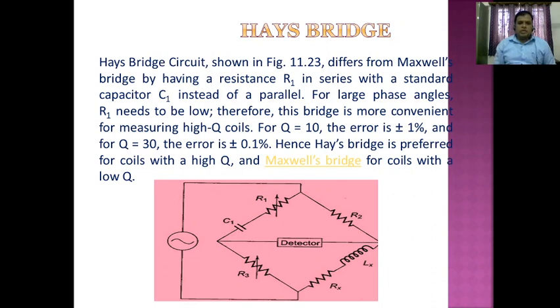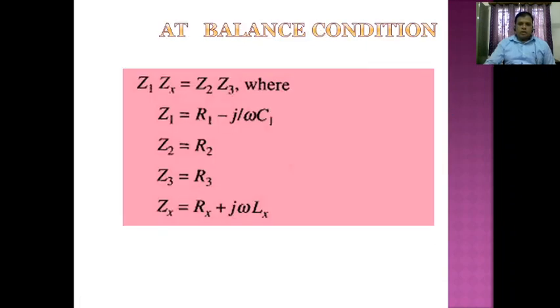In the Hayes bridge, we have the detector placed, as well as R2; Rx, Lx is one arm, and R3 is one arm, which is a variable resistance. This Hayes bridge is the same as a Maxwell's bridge, but the components are changed: instead of inductance, we have the capacitance in the first arm. For balancing, Z1 Zx is equal to Z2 Z3.